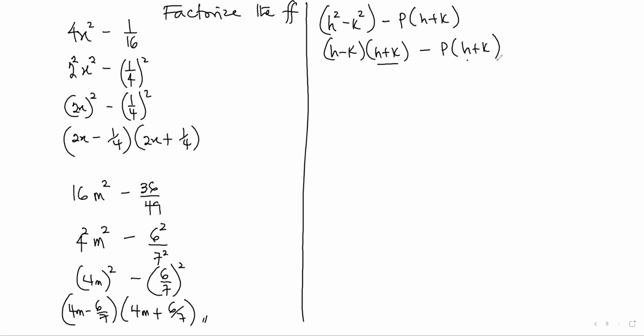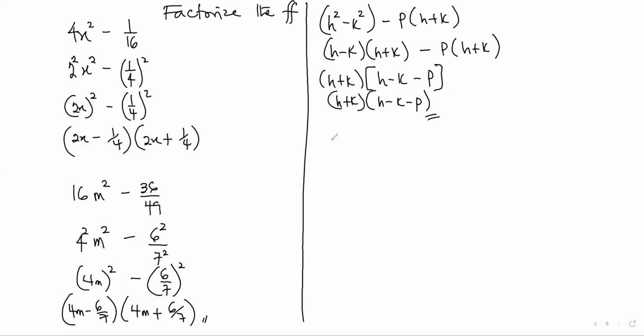So h plus k is common. So we factor that one out. So we have h plus k out. So you'll be left with h minus k minus p. So that's the answer: (h plus k)(h minus k minus p), also in one bracket. So that's all.